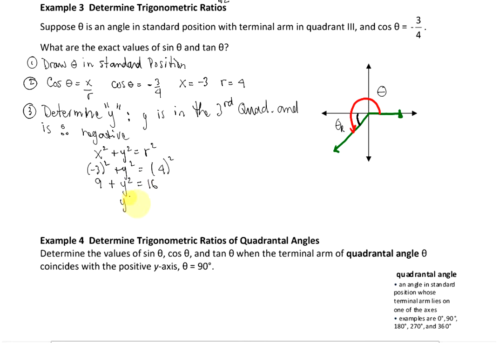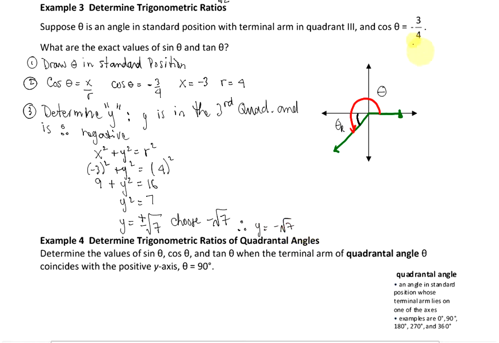And so y squared is equal to 7, and y then is equal to plus or minus the square root of 7. But we are going to choose negative root 7 because we know that y is negative in the third quadrant. So therefore y equals negative square root of 7.